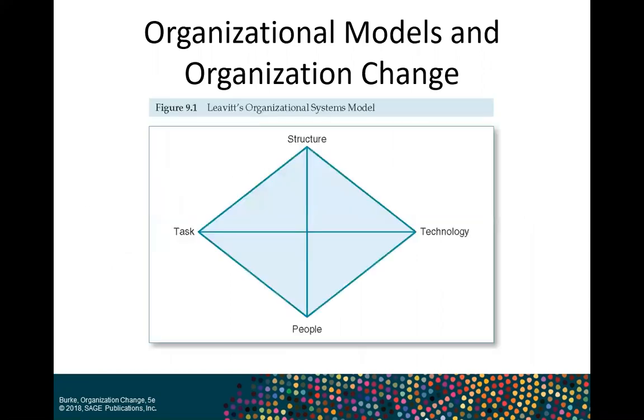So if we look at the original model, the four quadrants, connecting the structure, the technology, tasks, and the people together, that's what Leavitt's system model focused on.